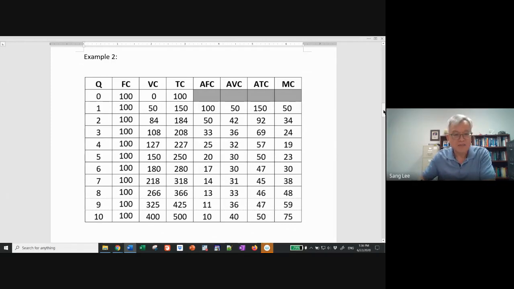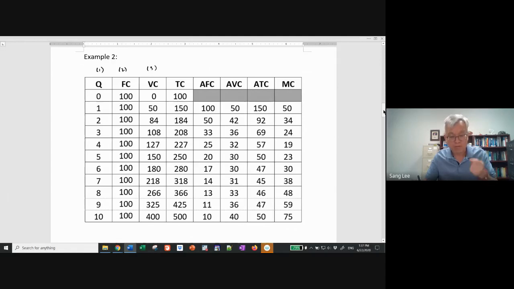This is the first column, the level of output. In the second column, fixed cost, whether you produce 0 output or 10 units, fixed cost remains the same. So we can confirm this. And variable cost, what do we know? It does take a lot of materials, time and money to produce a good.